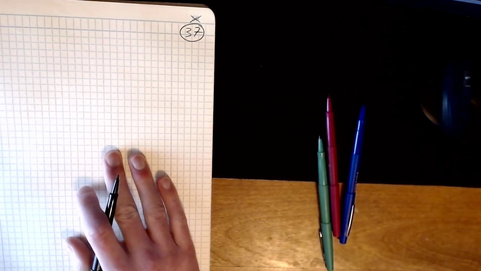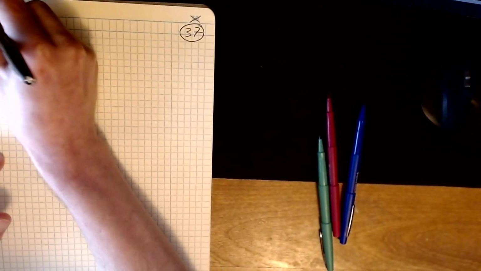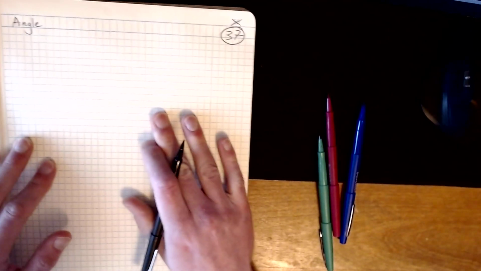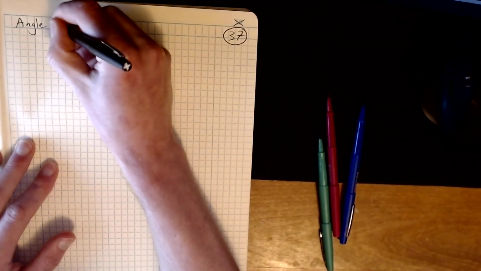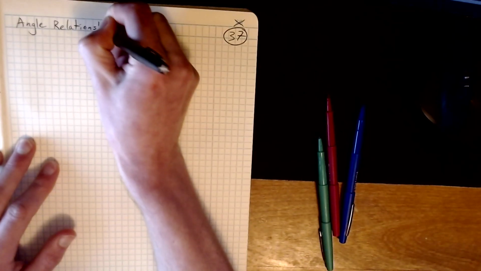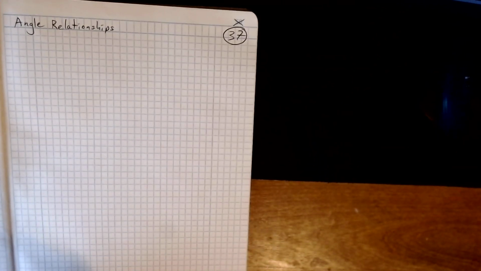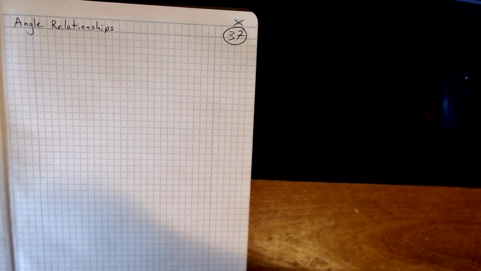But anyways, today we'll be covering some angle relationships, so go ahead and title your page. Some angle relationships. And the three we'll be looking at today are complementary, supplementary, and vertical angles.